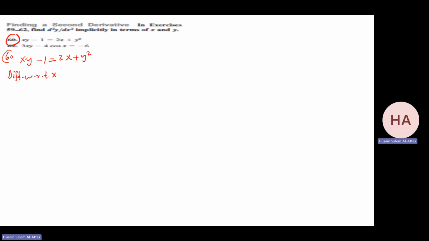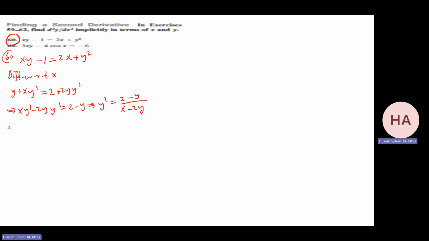What you will have is y plus xy prime equal to 1 plus 2y prime. Solve for y prime. You have xy prime minus 2y prime equal to minus y. So y prime equal to minus y over x minus 2.